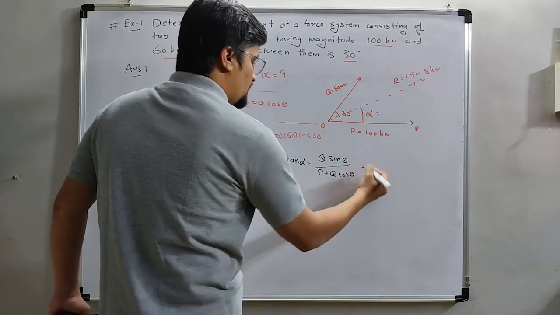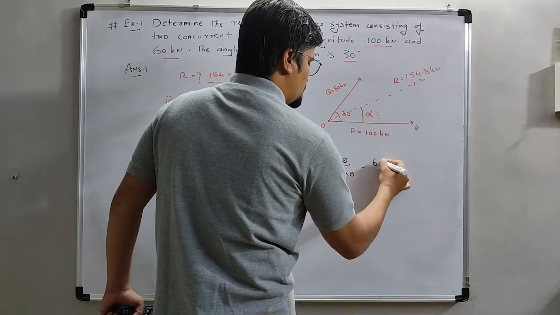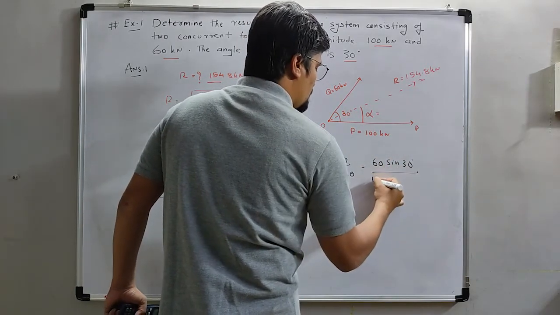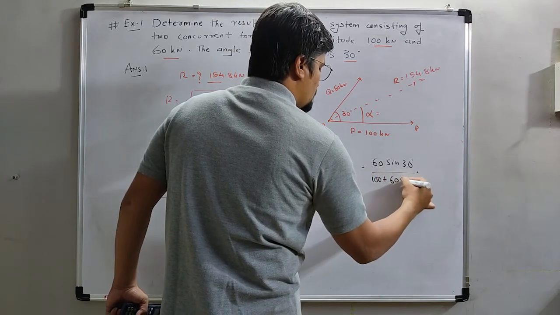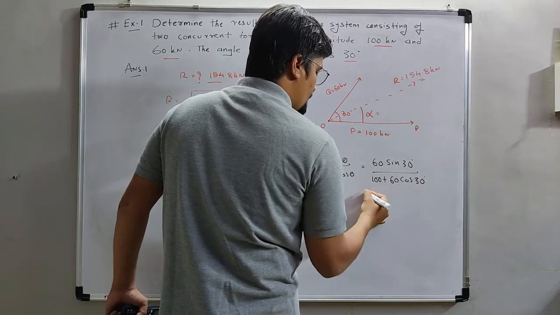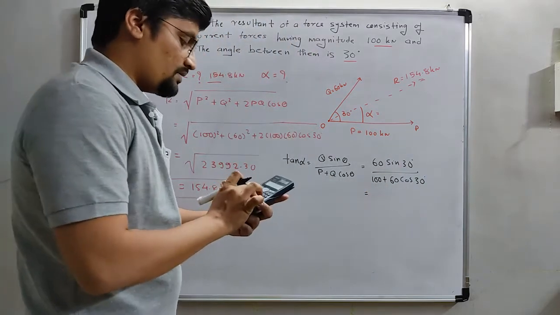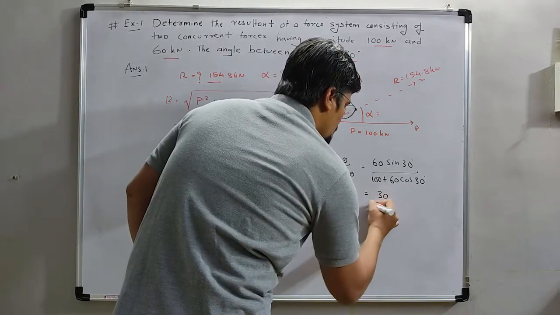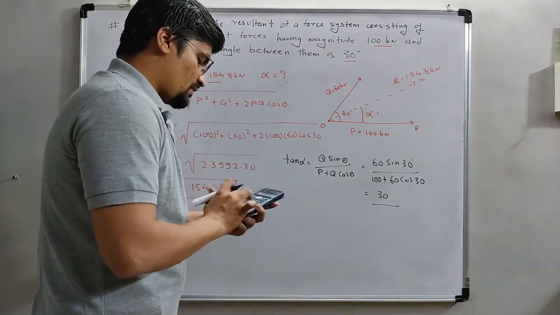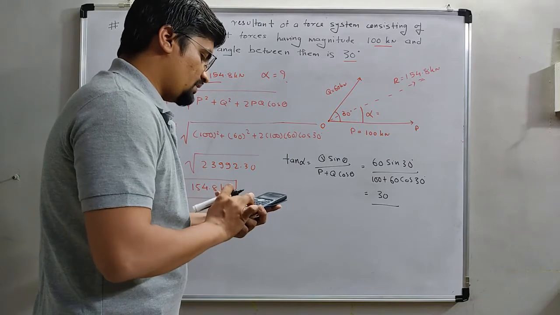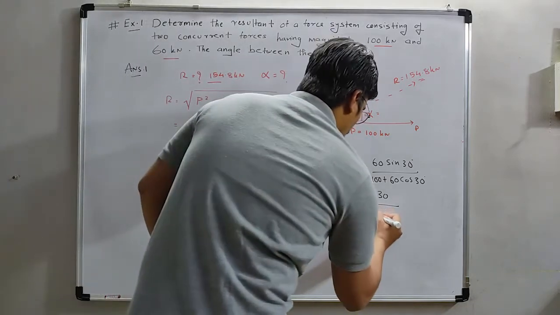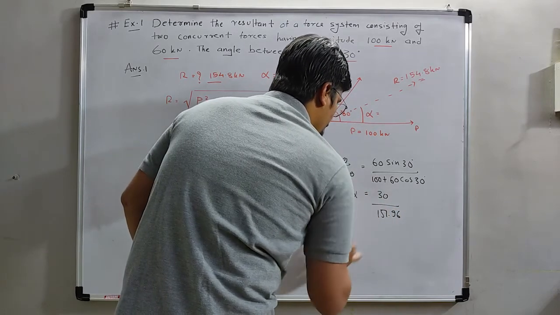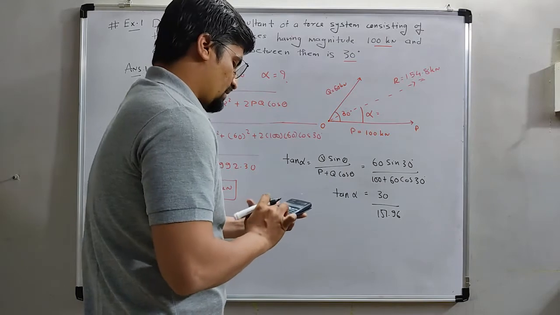So Q sin theta means 60 sin 30, divided by 100 plus 60 cos 30. So tan alpha is 30 divided by the answer.